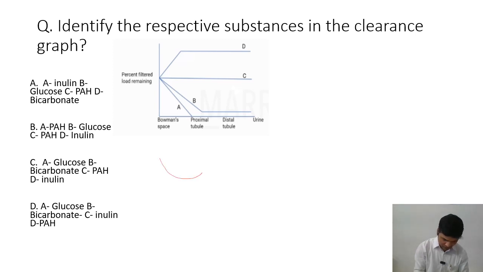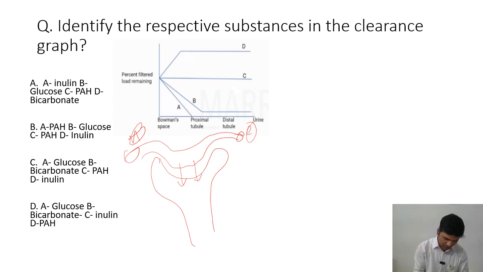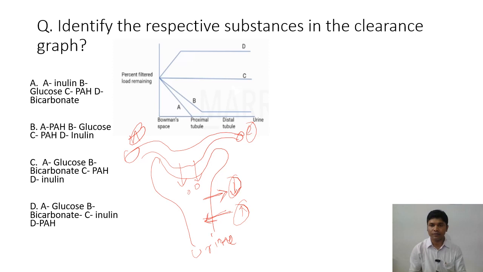If a substance is freely filtered, with afferent and efferent, something is coming and freely filtered, neither reabsorbed, this is reabsorption and this is secretion. If the substance is reabsorbed, then its concentration in urine will decrease, and if the substance is secreted more, then the concentration will increase.